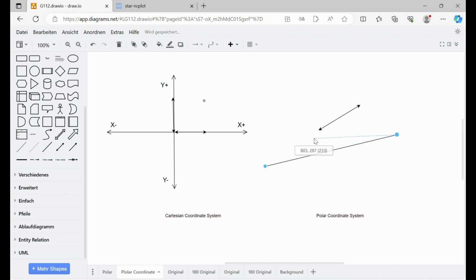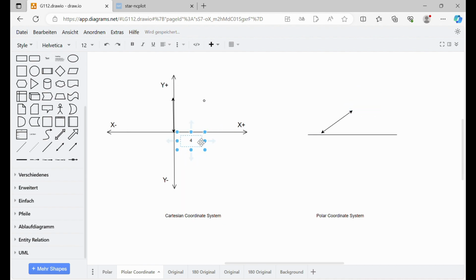So we can describe the same point: this is 4, this is 4, then with the Pythagorean theorem, the square root of a squared plus b squared gives c, to calculate the length.